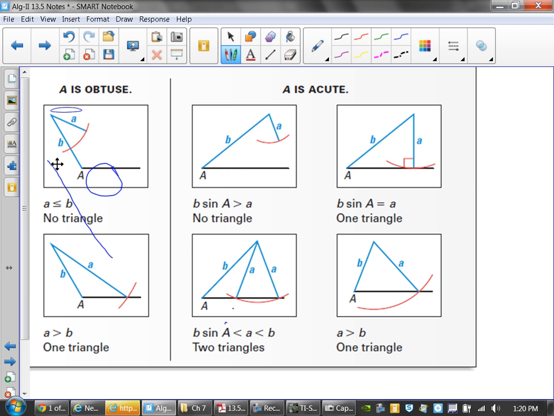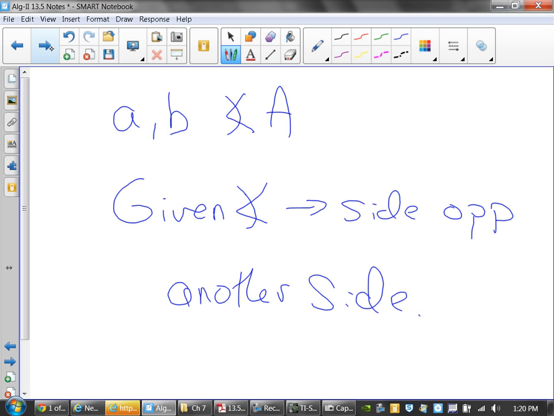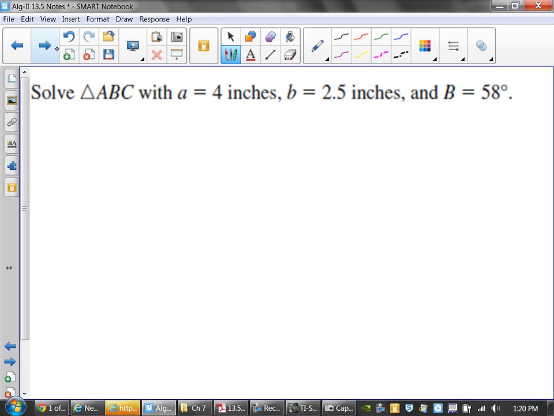Again, the angle A is the given angle. The little a is the side opposite the given angle. So in the example I was just showing you guys, we have triangle ABC with little a at 4, little b at 2.5, and angle B at 58.